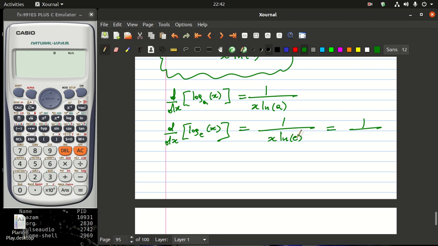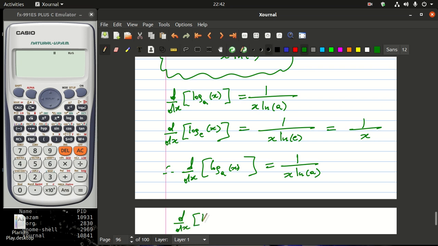We know that ln of e is 1, because it's log base e of e, so it's going to be 1. So this is just 1 over x. So the derivative with respect to x of log base a of x, we know that it is always going to be equal to 1 over x times ln of a, and the derivative with respect to x of ln of x is always going to be 1 over x.